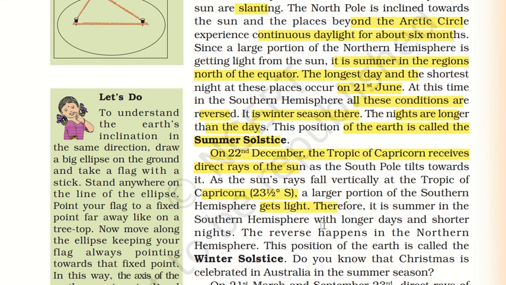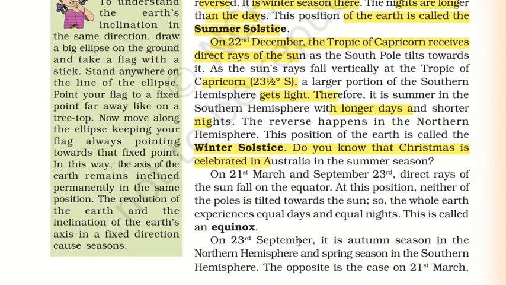On 22 December, the southern hemisphere has longer days and shorter nights, the reverse happens in the northern hemisphere, and this position of the earth is called the winter solstice, as we have already discussed.